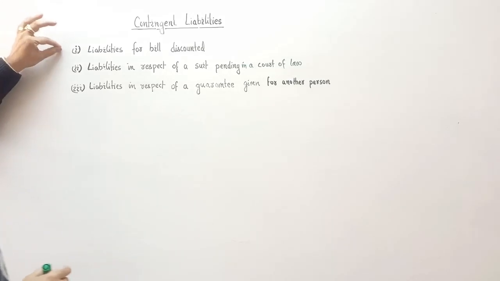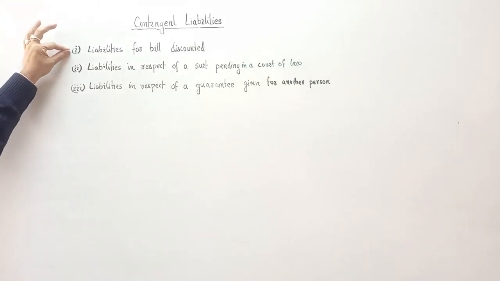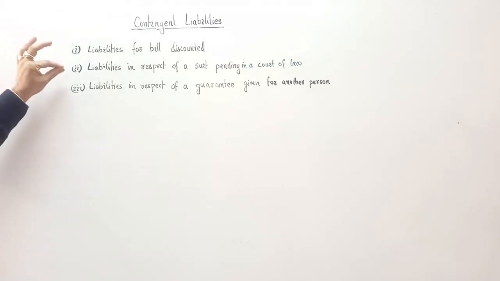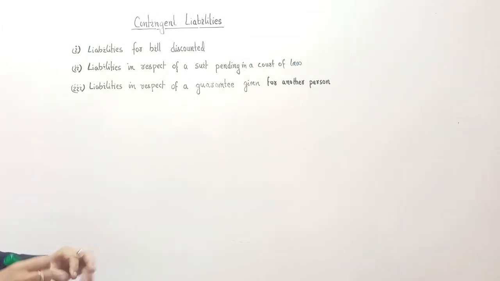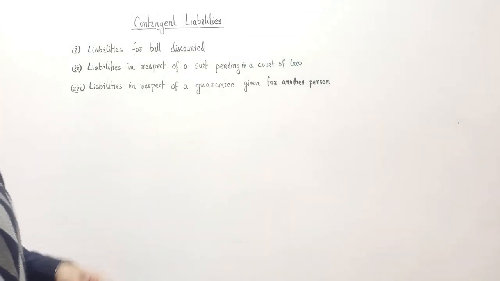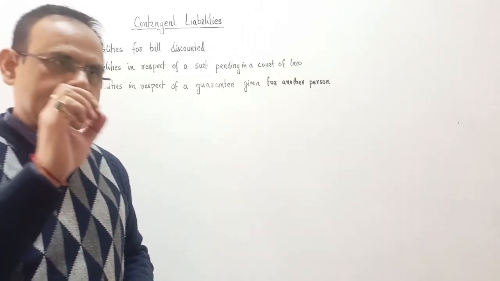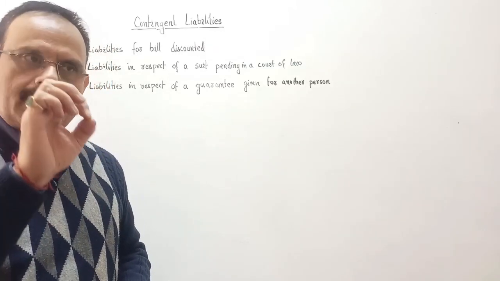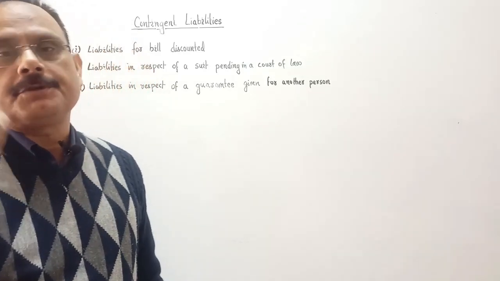So these are the contingent liabilities: liability for bills discounted, liability in respect of a suit pending in the court, and liability in respect of a guarantee given for another person. Okay, so a contingent liability on the date of balance sheet is not a liability, but it may be a liability in future.